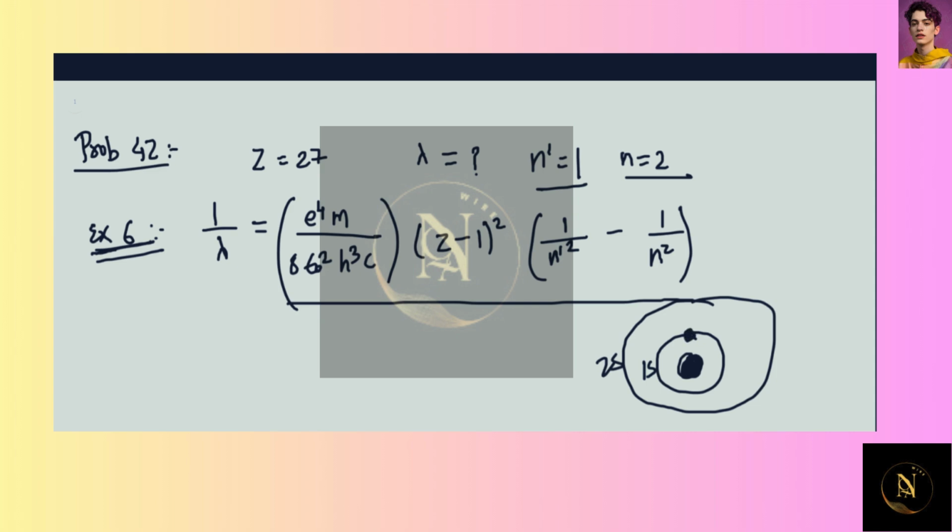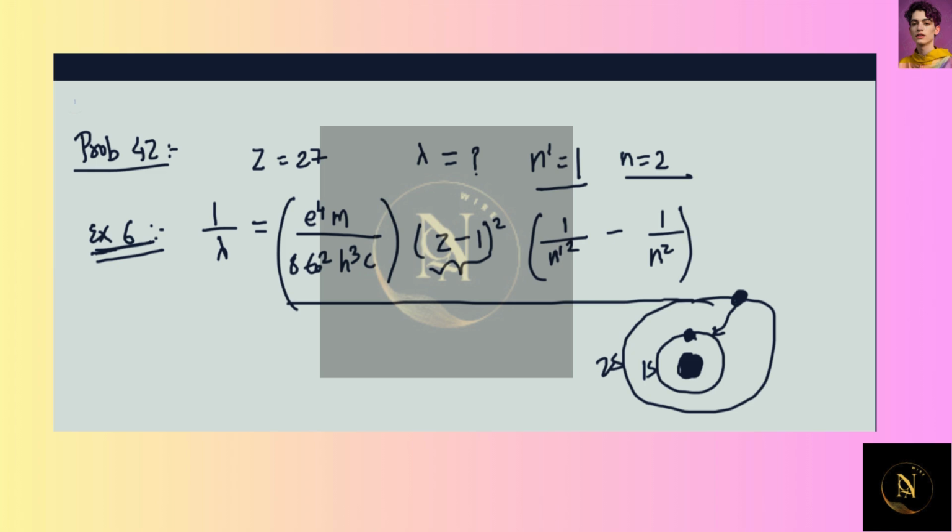For an electron to make a transition from n equal to 2 to n equal to 1, the nuclear charge is shielded by one electron. So this outer electron basically sees z minus 1 charge instead of z charge. That's why we have z minus 1 here.